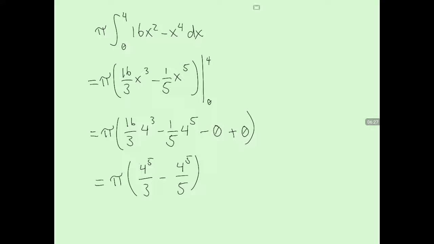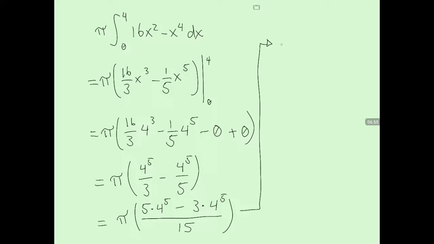So now if we simplify this even further by finding a common denominator, we'll multiply this by 5, multiply this by 3. Then what we're going to get is 5 times 4 to the 5th minus 3 times 4 to the 5th, all over the lowest common multiple, which is 15.